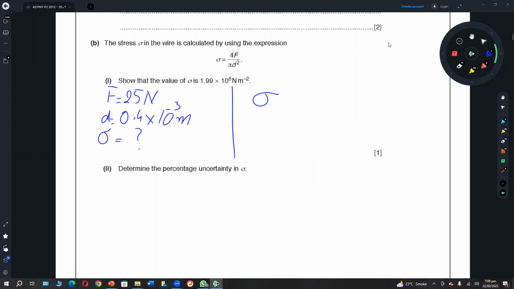It is coming as 198.9. So 3 sig fig he's using, but he's giving the answer 1.98. He's asking to show something, so it is coming wrong because it's a show-that question. Can you recheck the calculation?